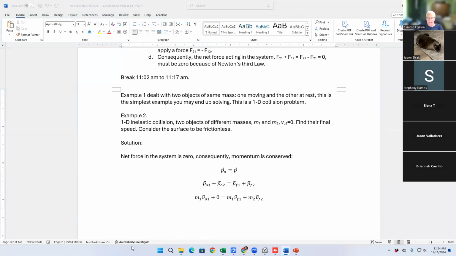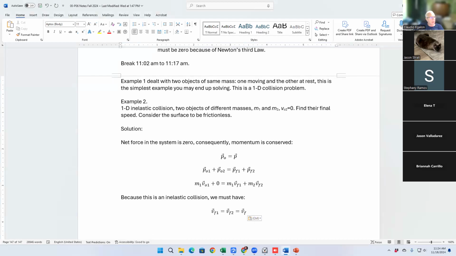Because we have an inelastic collision, the final velocity of 1 is going to be equal to the final velocity of 2. That is a consequence of an inelastic collision.